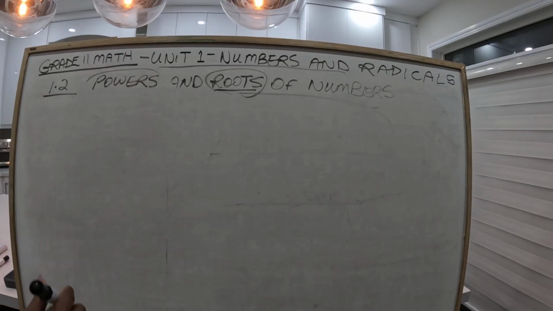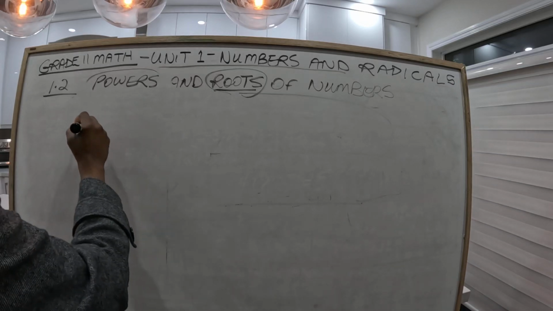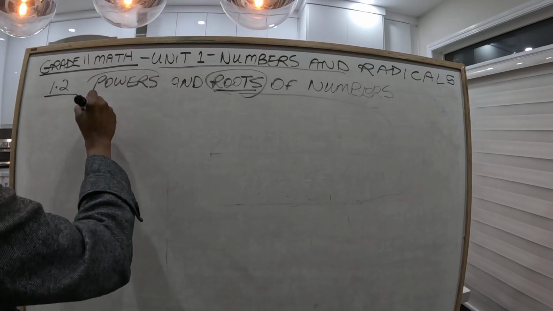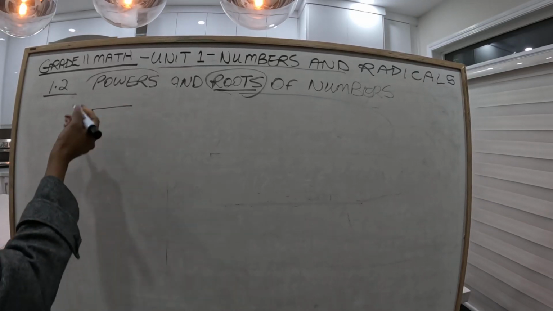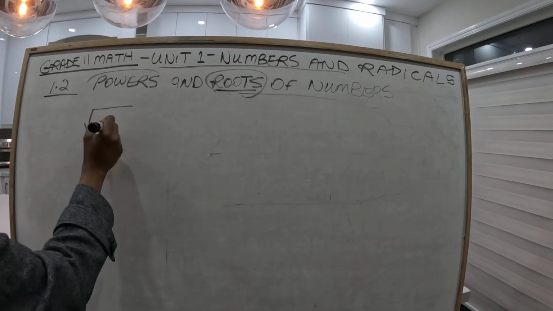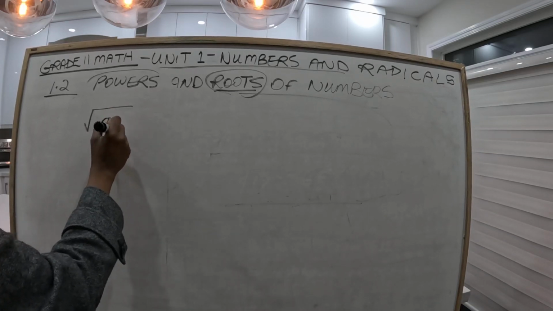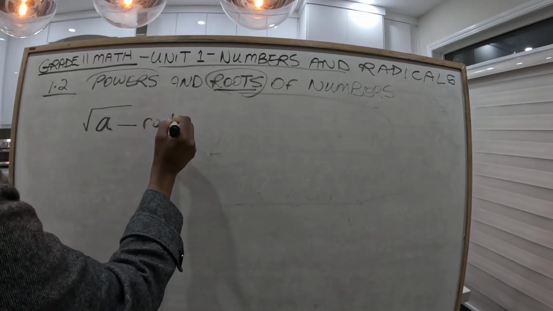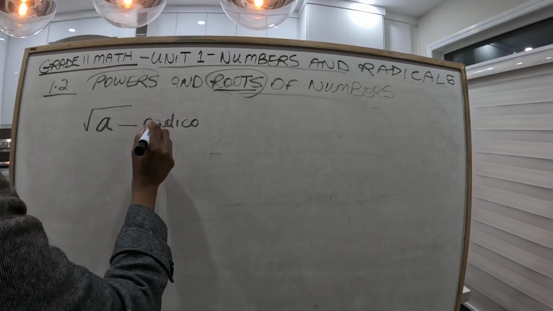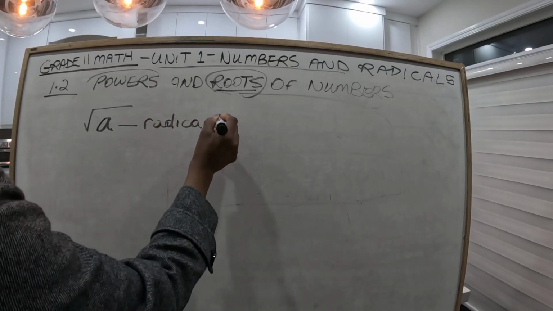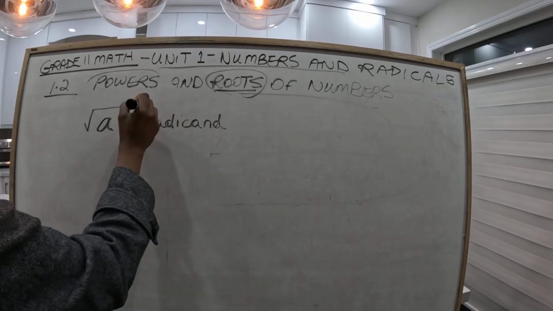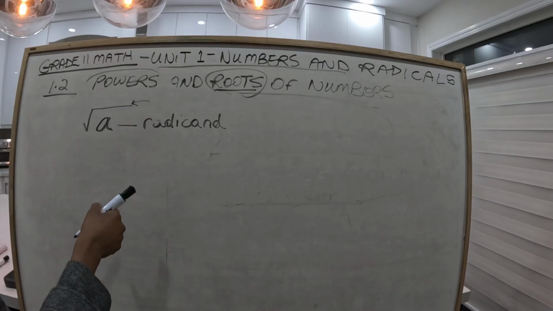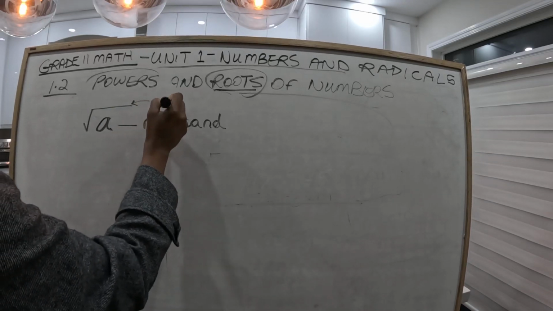So if we were to label them, this is what it would look like. If we were to label what all of this means, we have A, which is just a random number, whatever the base is. We'll call that the radicand. This, which is the sign of the root that tells you what you're doing with the number, is called the radical sign.